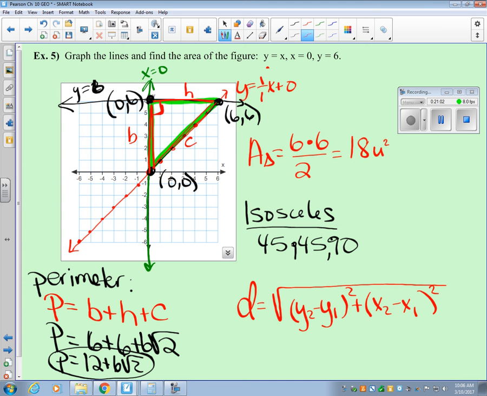So the distance formula is the square root of (y2 minus y1) squared plus (x2 minus x1) squared. In this case we didn't need it, but if we're kind of in the middle of a weird graph, we might need the distance formula to find the perimeter. Okay, is that it, guys?